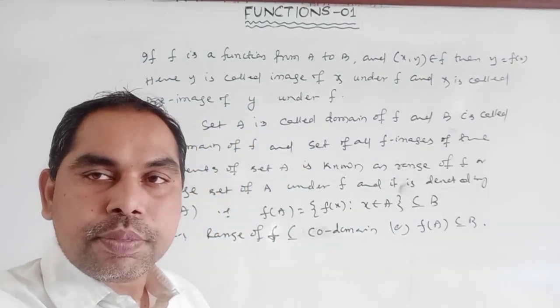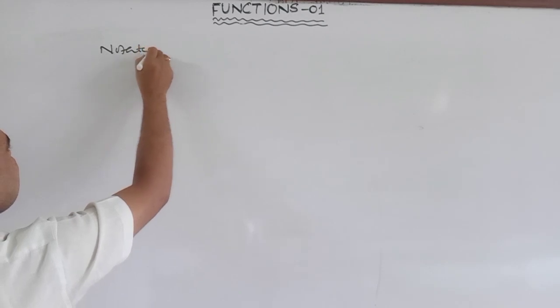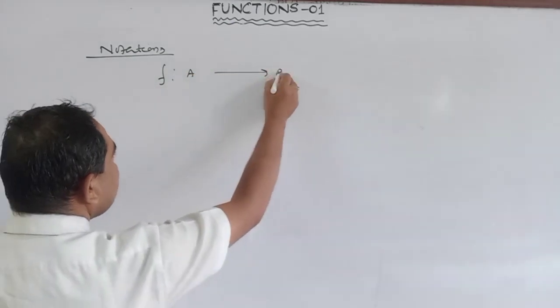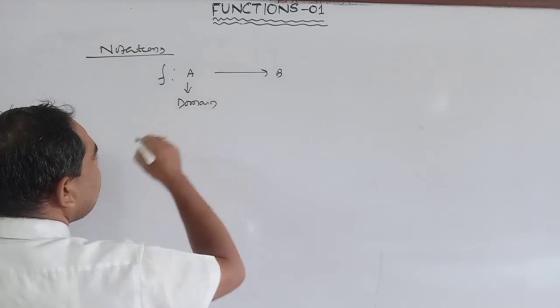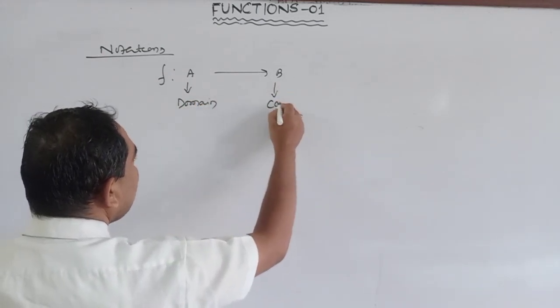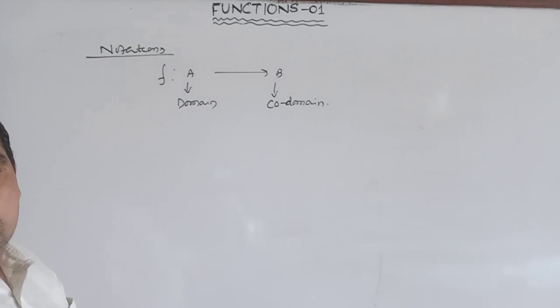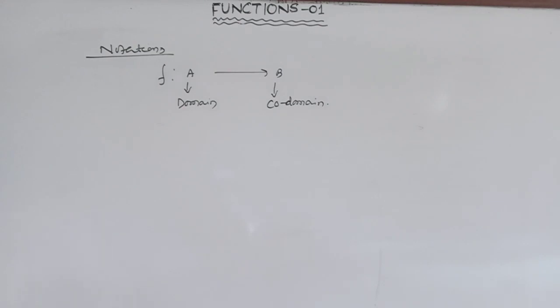Okay, let us see some notation. f such that A to B, so A is called the domain and B is called the codomain. So f is a function from A to B. This is the domain.